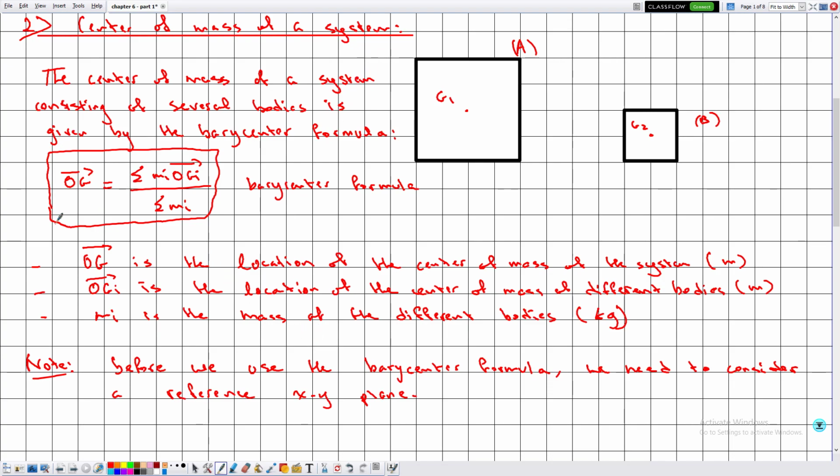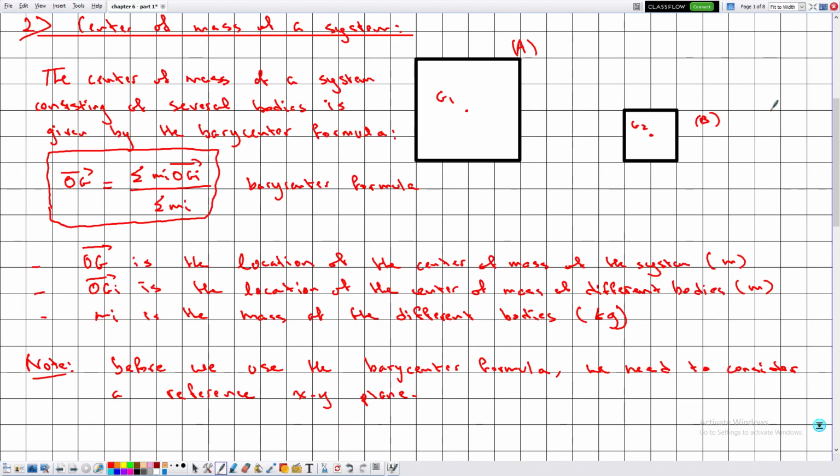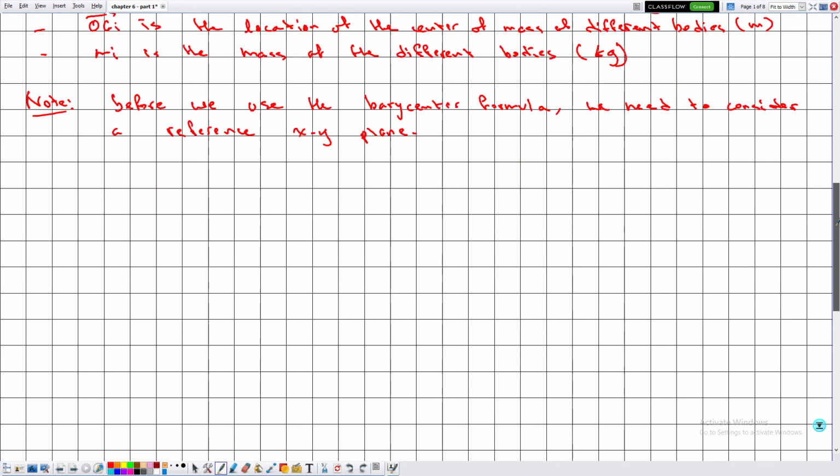So now let me use this formula in order to determine the location of the center of gravity of the system consisting of A and B. Let me sketch again the following system.